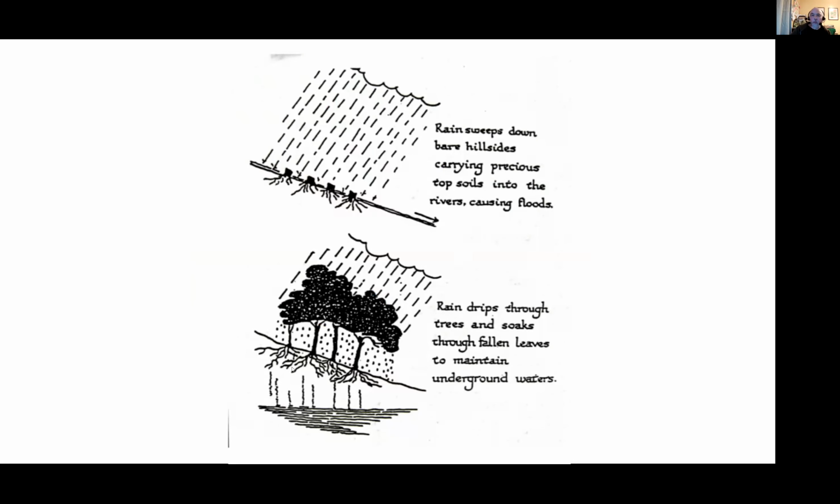But if we restore that forest cover, the tree cover and the canopy, rain is dripping through and soaking into fallen leaves to maintain the underground water. It's always worth a little revisit of one of those functions of our tree.